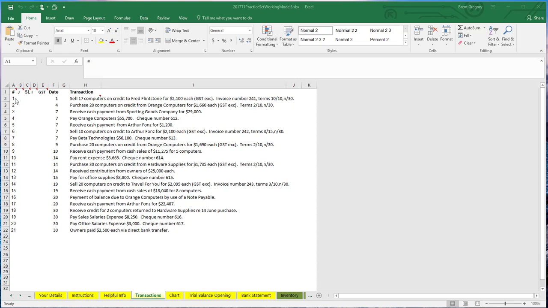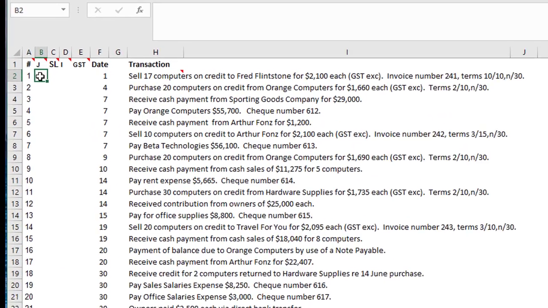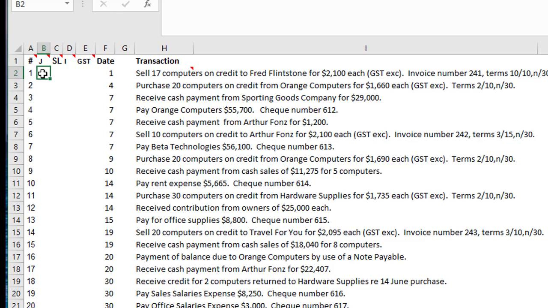Remember that these early columns are just to help you shape your thinking for recording the transaction. The first decision you need to make is what journal it goes in. You're going to sell an item of inventory on credit, so that will go in the sales journal.